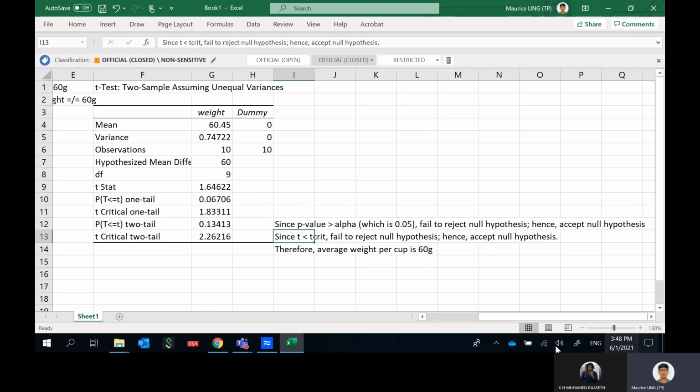And please make sure you follow the same punctuation as well. When I use a semicolon, when I use a comma. The punctuation before the word hence has to be a semicolon. It cannot be a comma. Why? From hence onwards is a complete sentence.